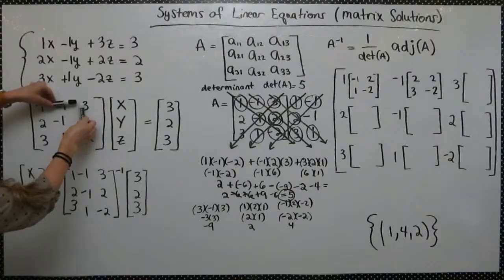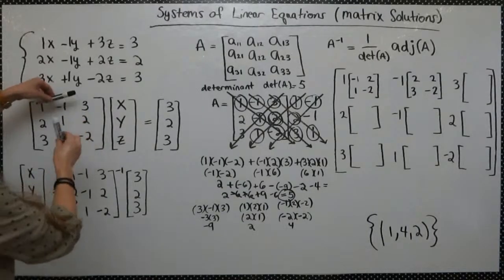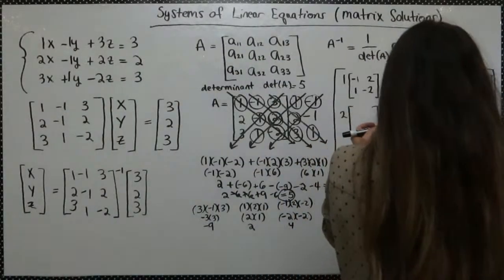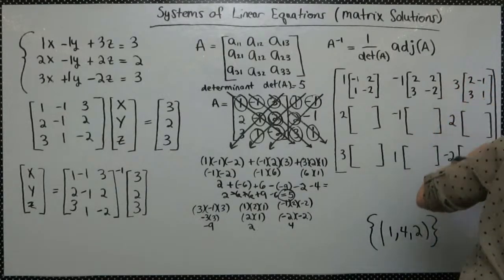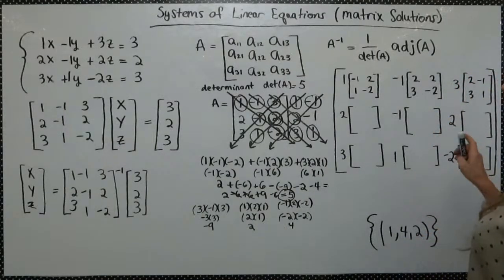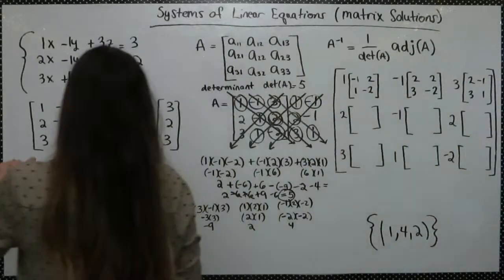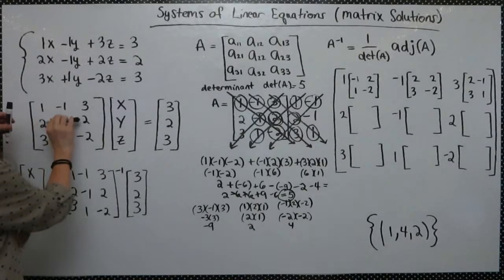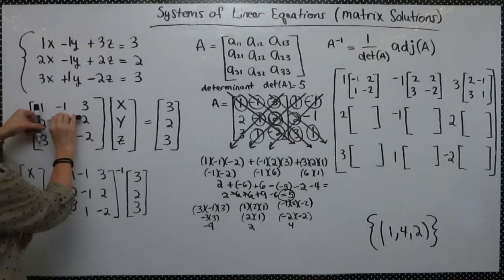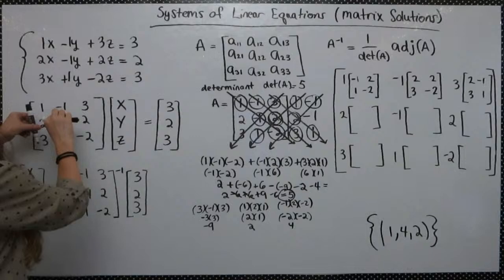So I have 2, -1, 3, and 1. Let's see if I got 2, -1, 3, and 1. Perfect. So we'll come over to this position here, and it's the second row and first column. So we have -1, 3, 1, and -2.